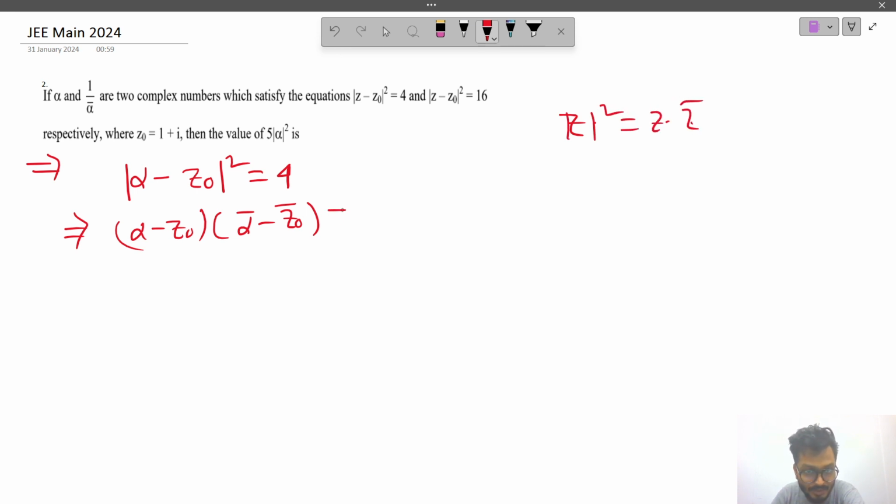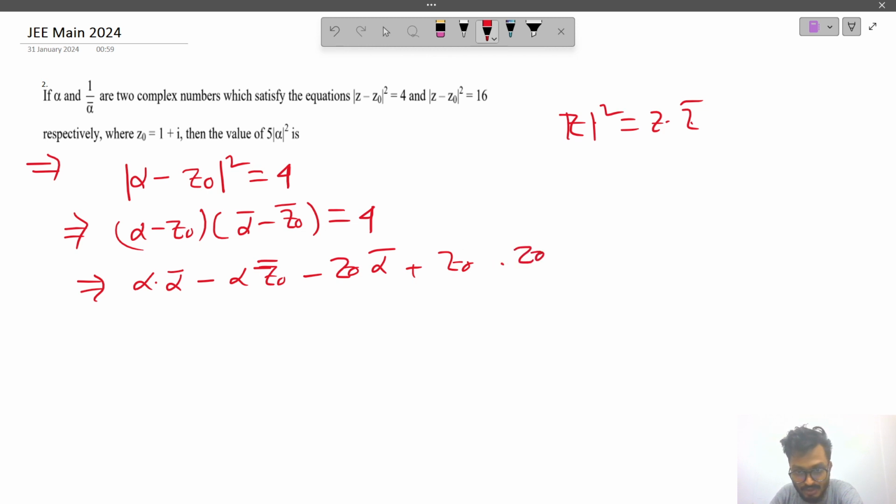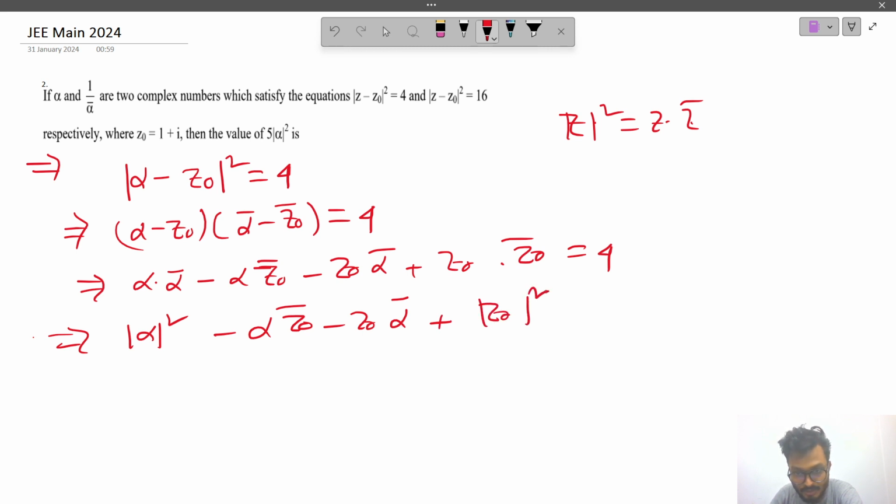So alpha dot alpha bar minus alpha z naught bar minus z naught alpha bar plus z naught dot z naught bar equals 4. So this is mod alpha square minus alpha z naught bar minus z naught alpha bar plus mod z naught square equals 4.